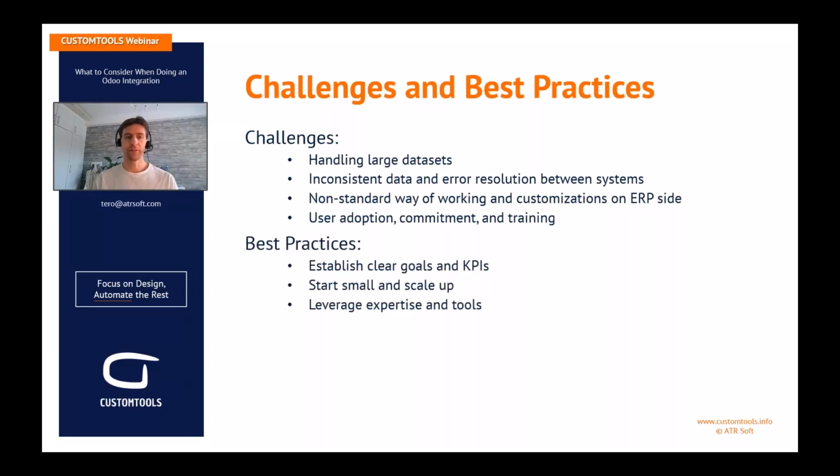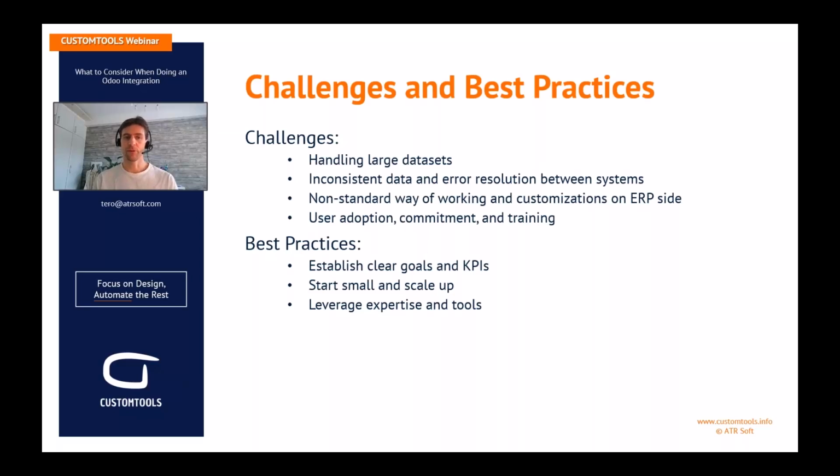Setting clear objectives and measurable key performance indicators, KPIs if you wish, ensures alignment across teams and provides a framework for evaluating the integration success. Good goals to set are, for instance, automated data transfer, reduce manual work by certain %, improved BOM accuracy for manufacturing processes.